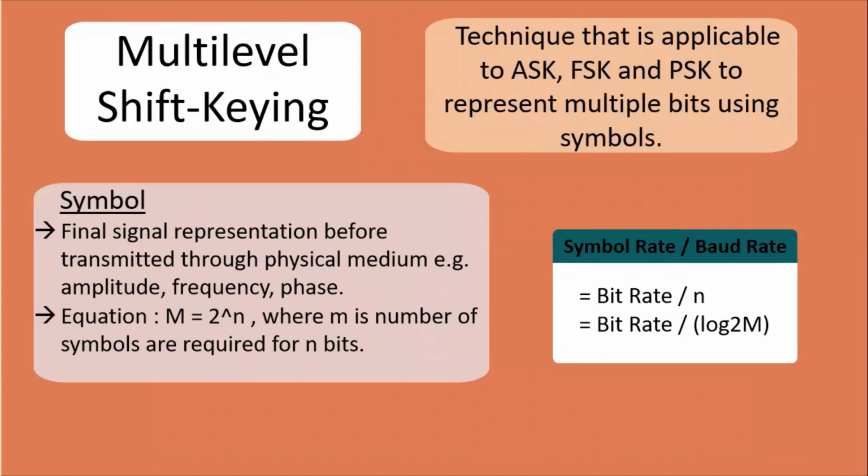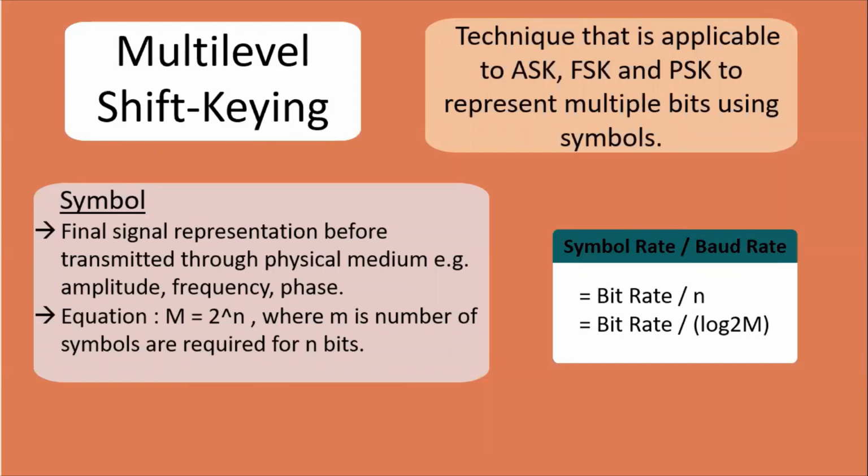There's another shift keying method known as multi-level shift keying. This technique is applied by representing multiple bits using symbols. In this technique, the symbol is defined as the final signal representation before being transmitted through the physical medium, for example amplitude, frequency, and phase.